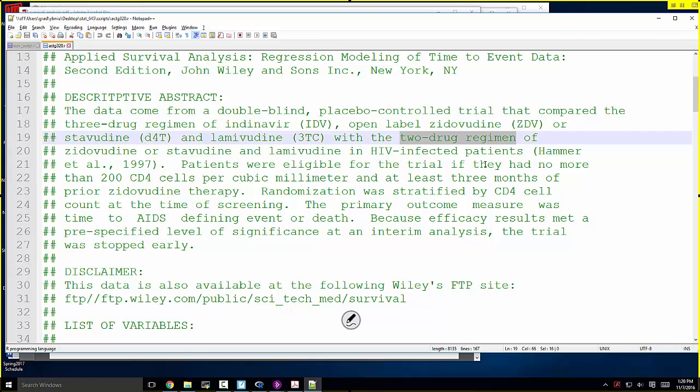That's not ethical because there are existing treatments that have real-world effects. So in those types of settings, you compare the newfangled treatment to, quote, standard of care. Here we're going to compare standard of care, which was a 2-drug regimen, to a newfangled regimen which added a drug.